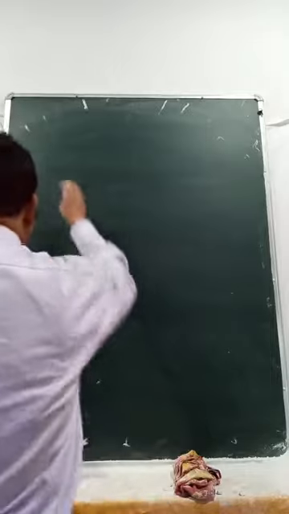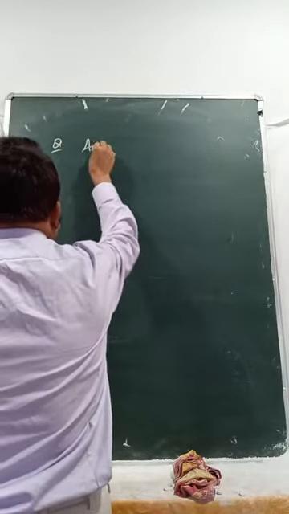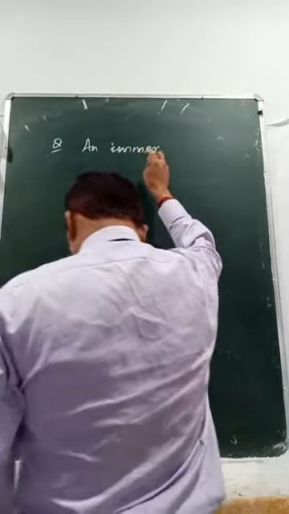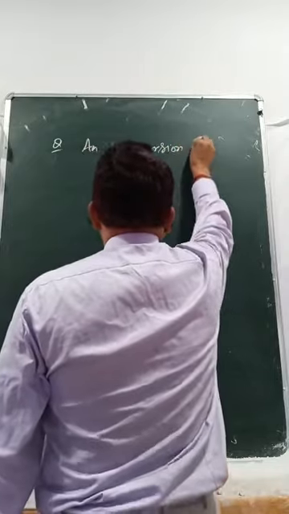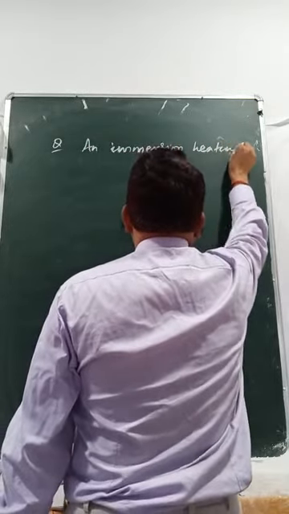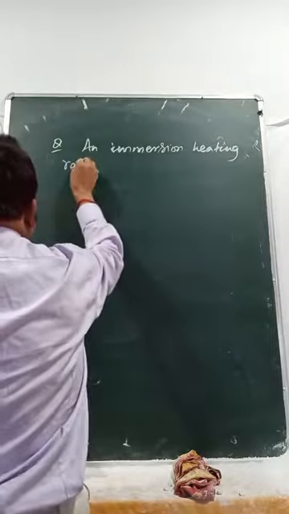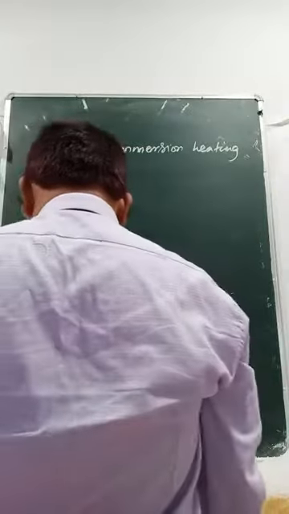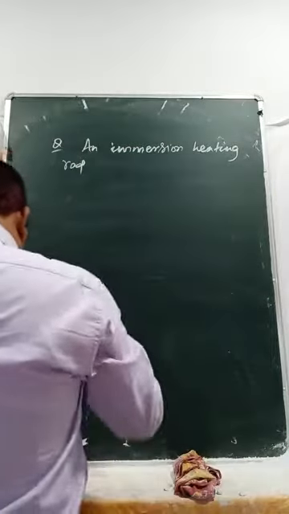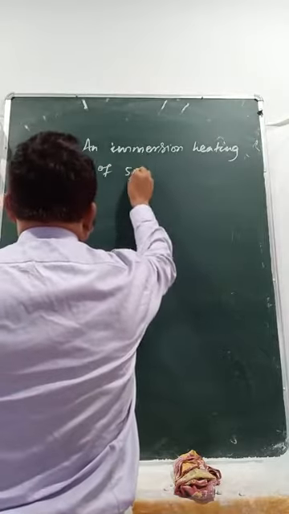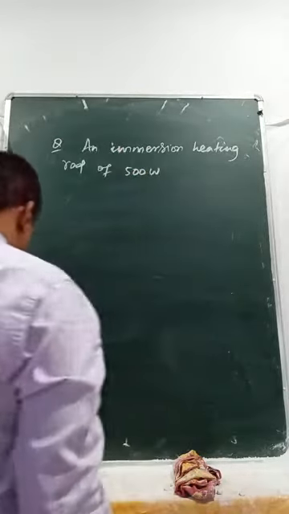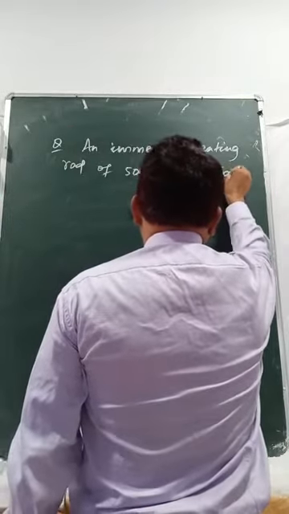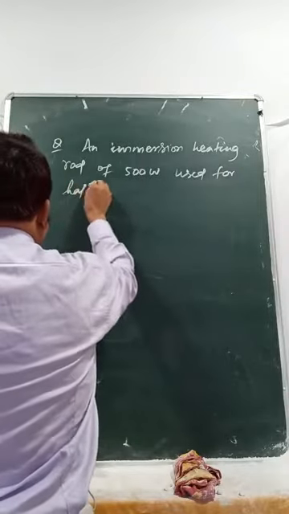That is an immersion heating rod. That means when you make the water hot, the immersion heating rod of 500 watt, meaning power is 500, used for half an hour.